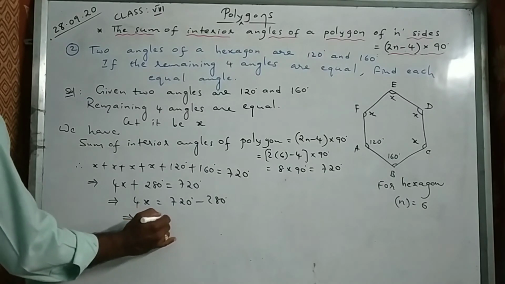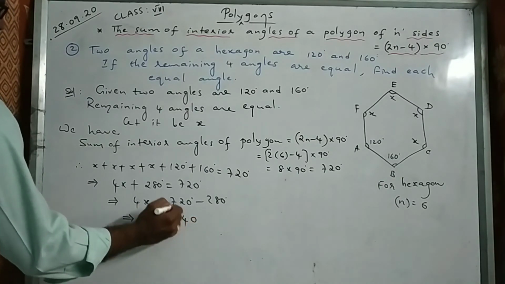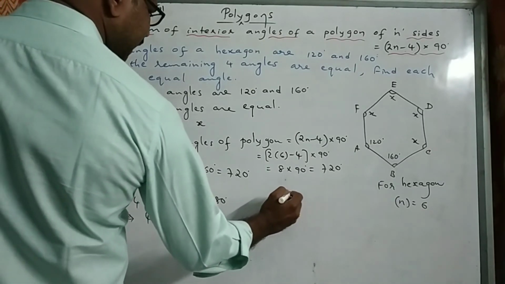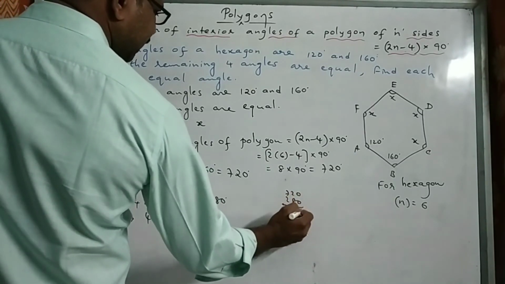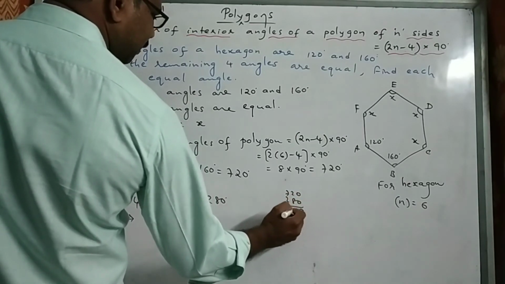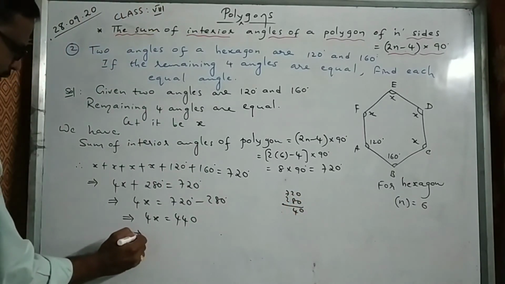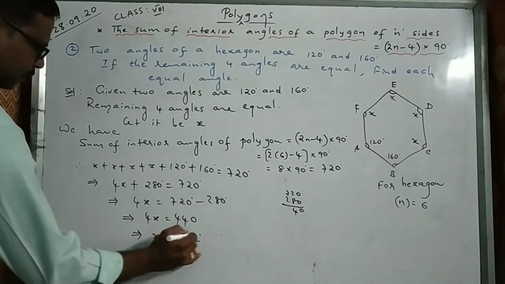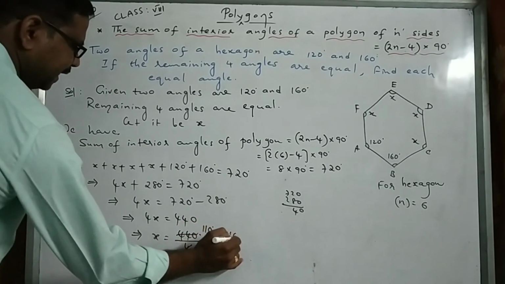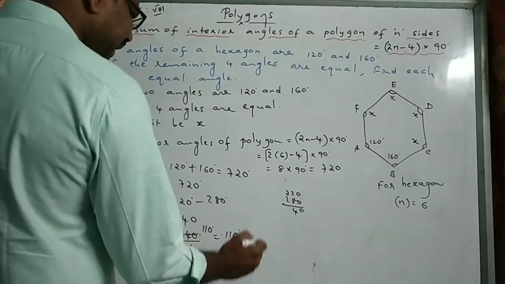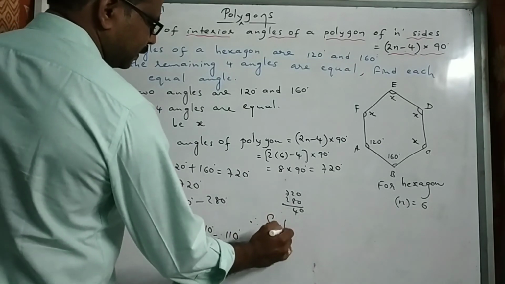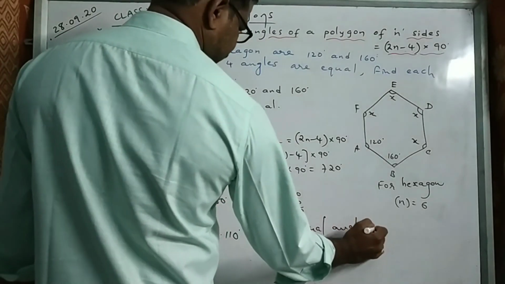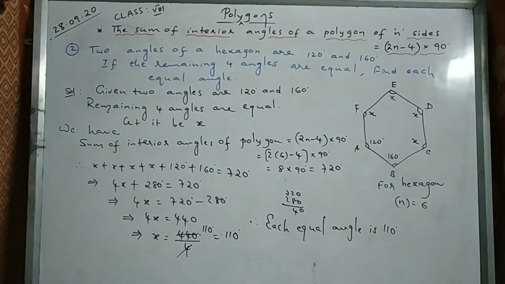So 4x equal to 720 minus 280. 12 minus 8, 4, so 440, right? So x equal to 440 by 4. So each equal angle is how much here? 110 degrees. Therefore, each equal angle is 110 degrees. Clear?